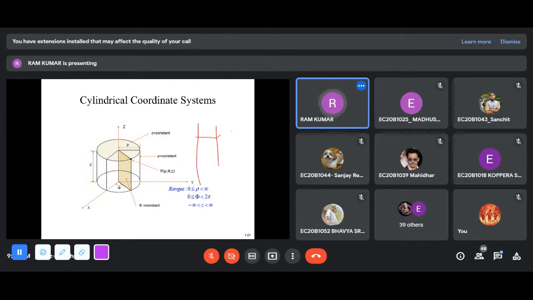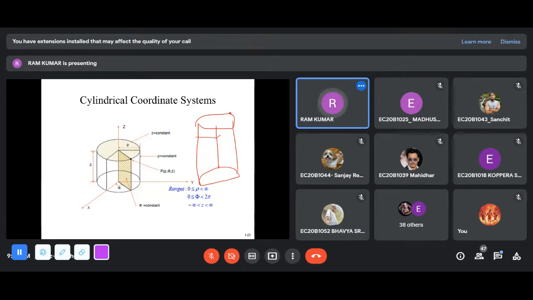This is a line charge, and you are going to measure the field due to it at a point over here. Then you can easily solve the problem. So based on the scenario, we can use Cartesian, cylindrical, or spherical coordinate systems.